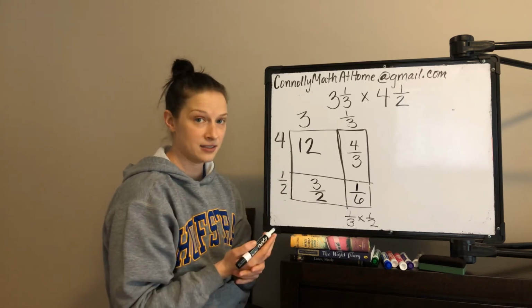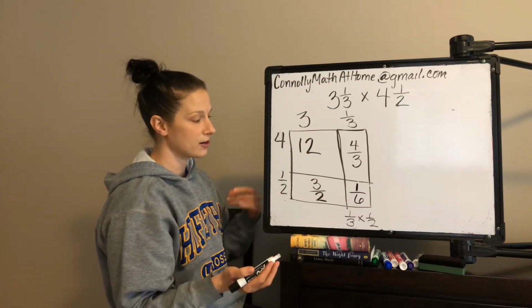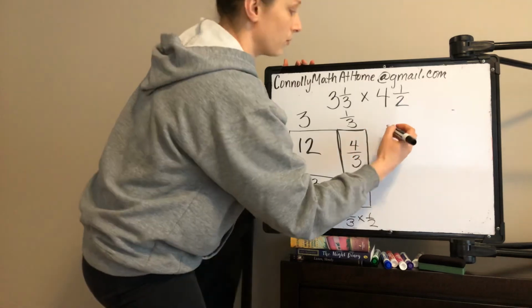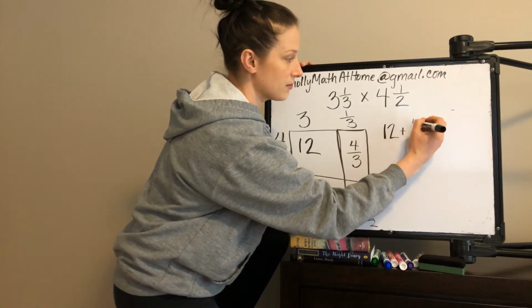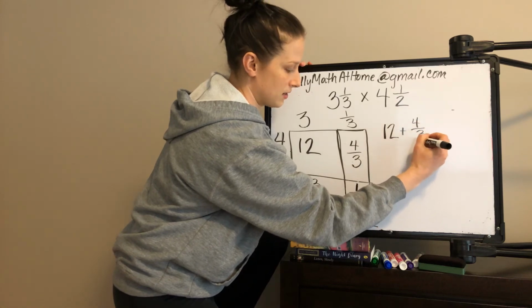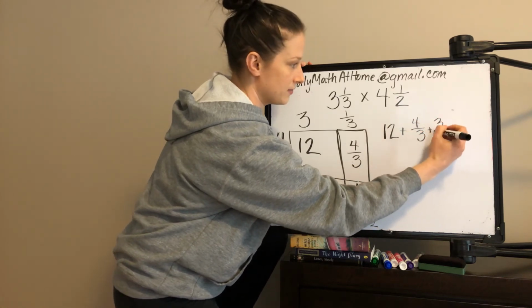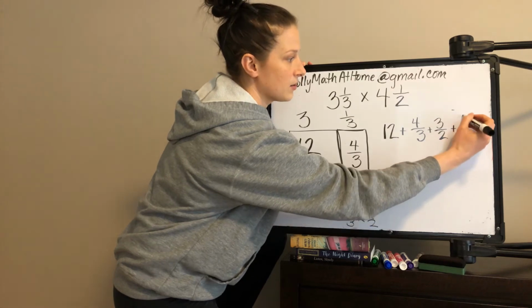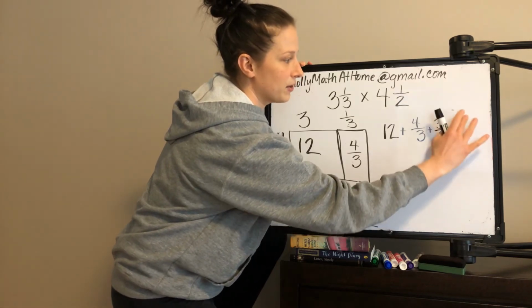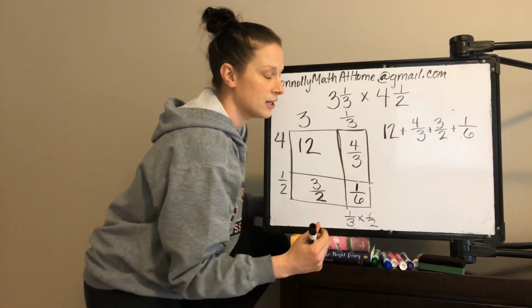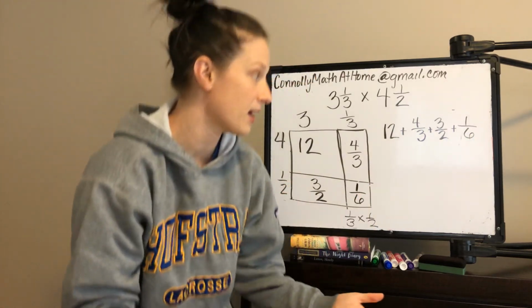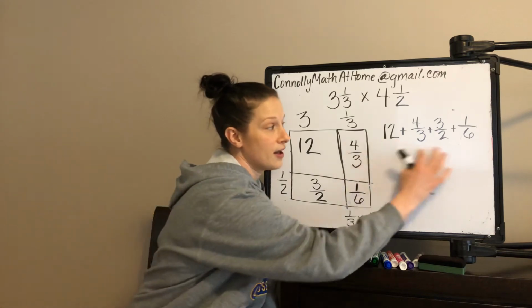Okay? Then, just like whole numbers, we're going to add our subproducts together. So we have this to tackle. 12 plus 4 thirds plus 3 halves plus 1/6.